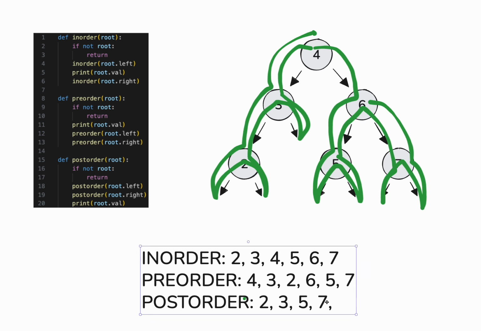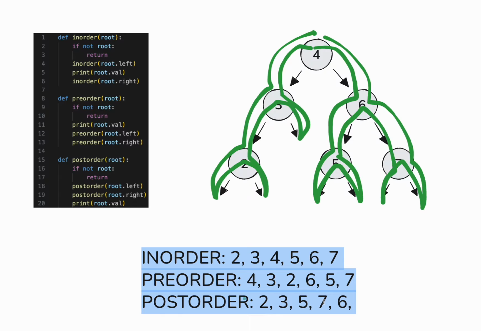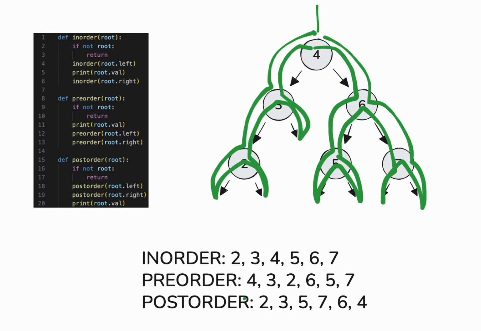So we processed both left and right for 6, so now we're ready to process 6 itself. 6. Then kick back up to 4. And now we process left and right at this level, so we can finally process the node itself. Oops. And then we're done. We're done with 4 at this point, so just gonna return.